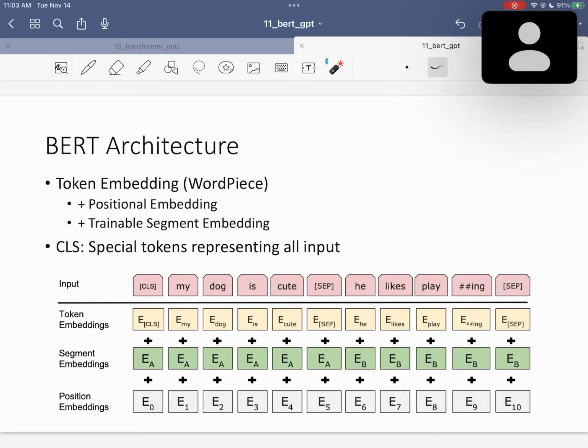Segment embedding is a trainable embedding that separates one sentence from another. You can see that this is EA and this is EB. Everything that starts from here is EB, and everything before that is EA. It's just trying to tell the model that those are two separate sentences. EA and EB are two more special tokens in your vocabulary. So there's CLS, SEP, EA, and EB. There are four additional trainable tokens in your lookup table.